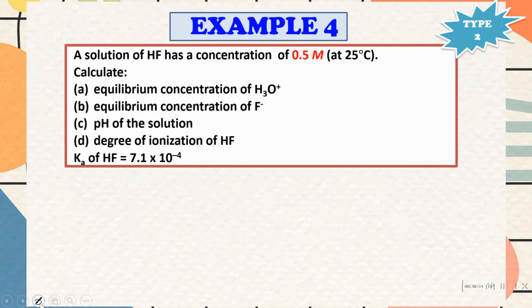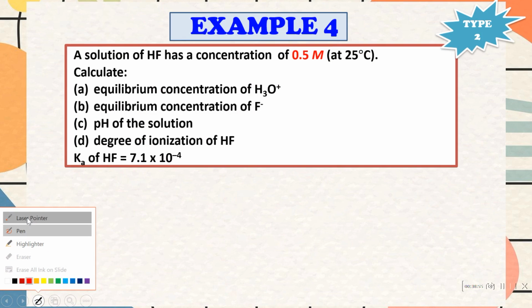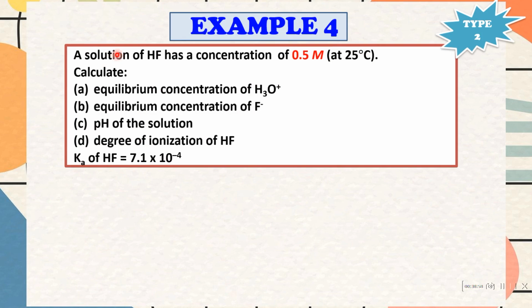Next, example number 4. Given a solution of HF with a concentration of 0.5 at 25 degrees Celsius, you have to calculate the equilibrium concentration of H3O plus, the equilibrium concentration of F minus ion, the pH of the solution, and the degree of ionization of HF.